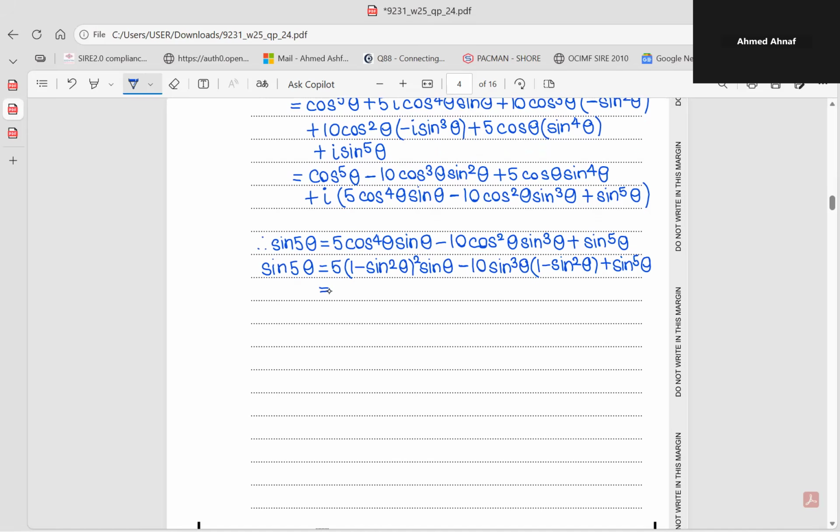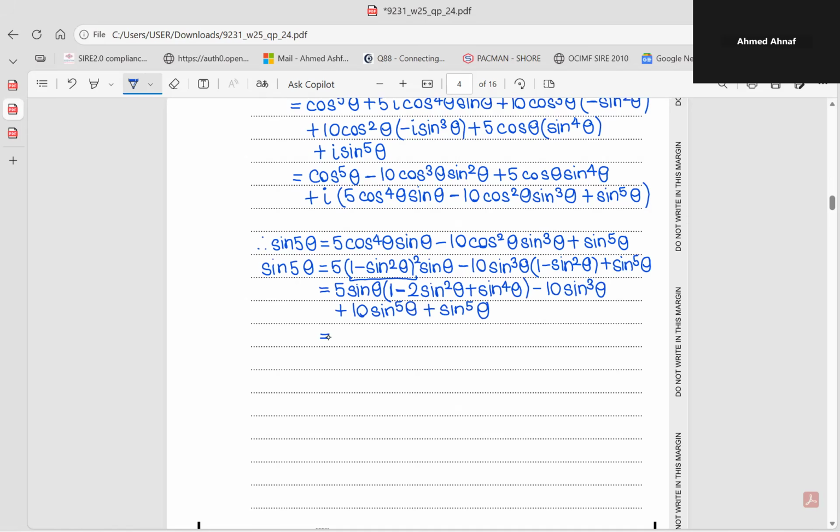Yeah, so doing that, you'll get 5 sine theta. So to expand this, it's going to be 1 squared minus 2 times 1 times sine squared theta plus sine squared theta squared, which is sine to the power 4 theta, minus 10 sine cube theta plus 10 sine to the power 5 theta plus sine to the power 5 theta.